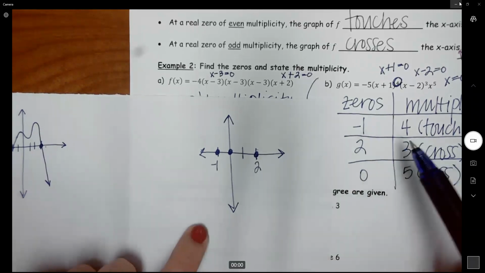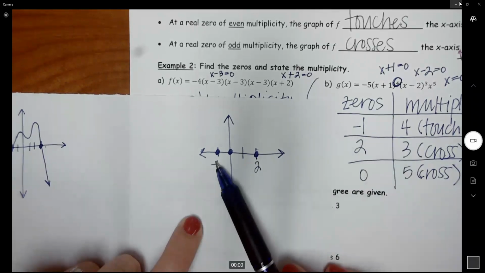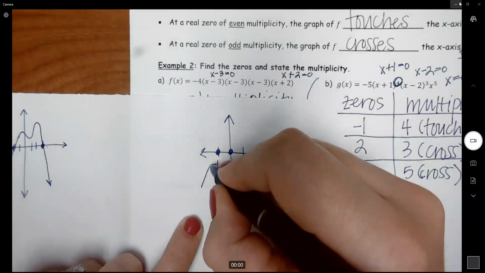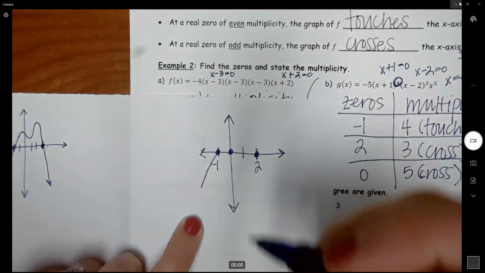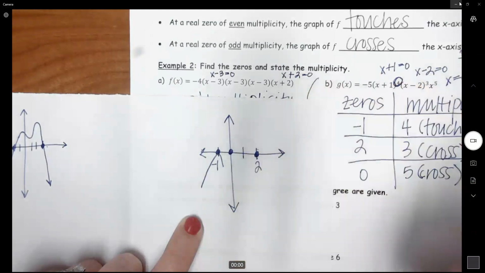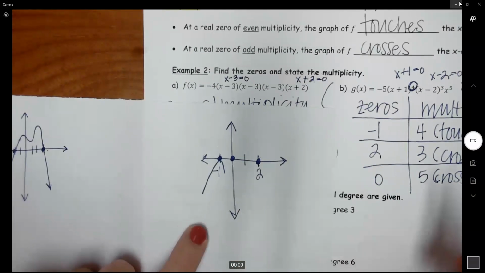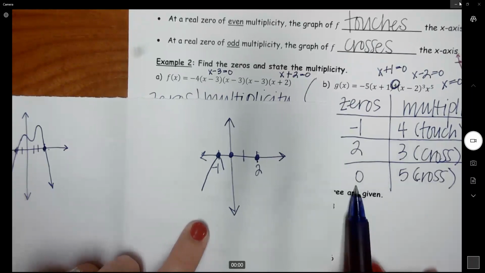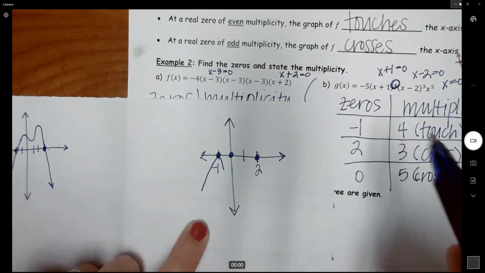So at negative 1, it's just going to touch. If it starts down here again, it's going to come over here, hit that negative 1, and bounce back down, because I found that my multiplicity is even, which means it just touches. But then here at 0, it's actually going to cross through.